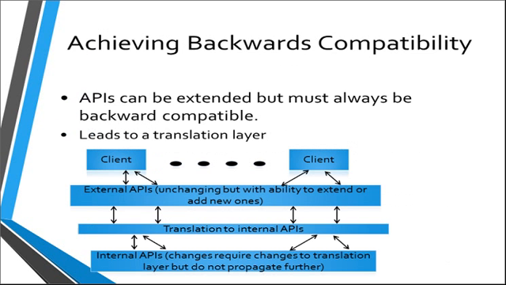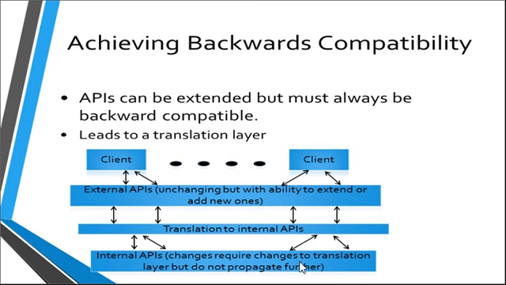So how do you achieve backward compatibility? Well, you allow the APIs to be extended. That is, you can add new APIs, but you never remove an old one. What that means is that you have a translation layer where the external APIs are unchanging, and they get translated into whatever your code base is at that particular time.